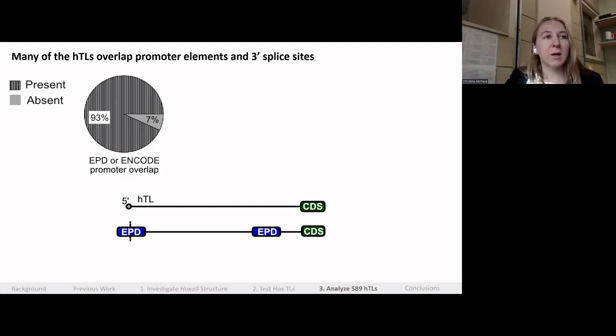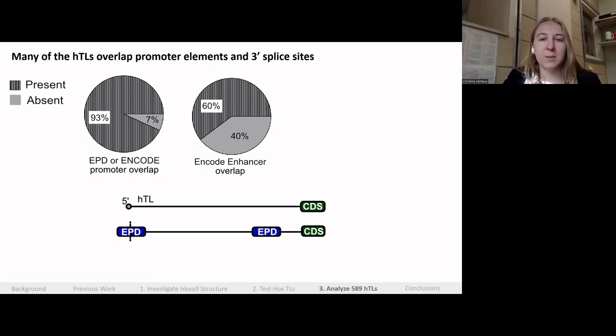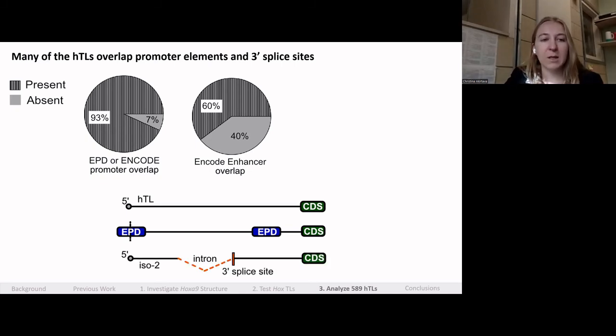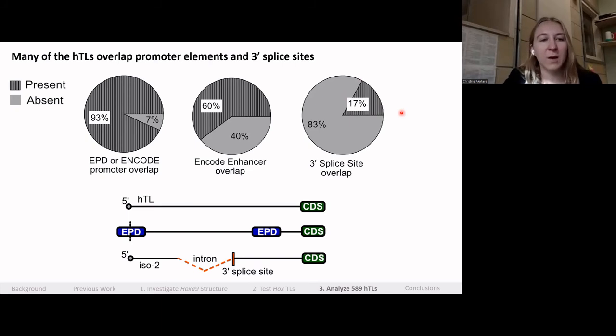We found that 93% of all the hyperconserved transcript leaders identified had some promoter overlap. Further, 60% of these also had enhancer overlap. I next checked for 3' splice sites and found that 17% of all of the hyperconserved transcript leaders identified had an internal 3' splice site.